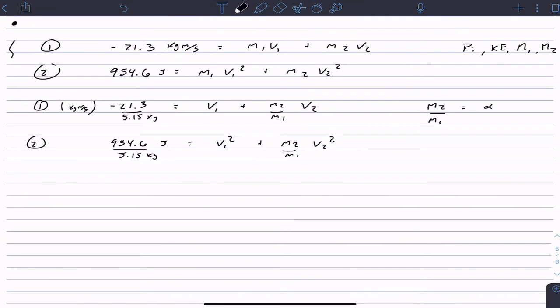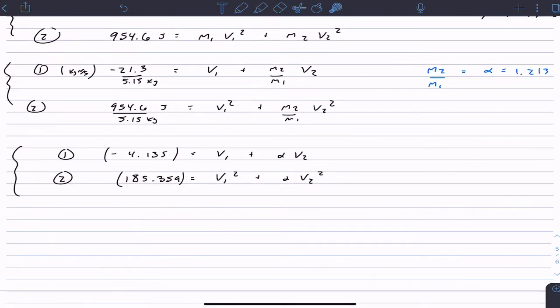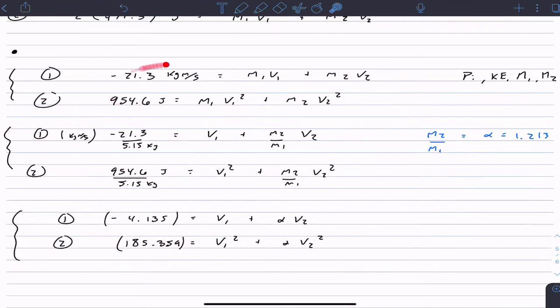I'm just trying to keep these coupled so we can see what's going on here. I've simplified and rewritten the equations. Now I think these are a little simpler looking and easier to work with in general, and I've saved this value alpha here. This is what we started with.